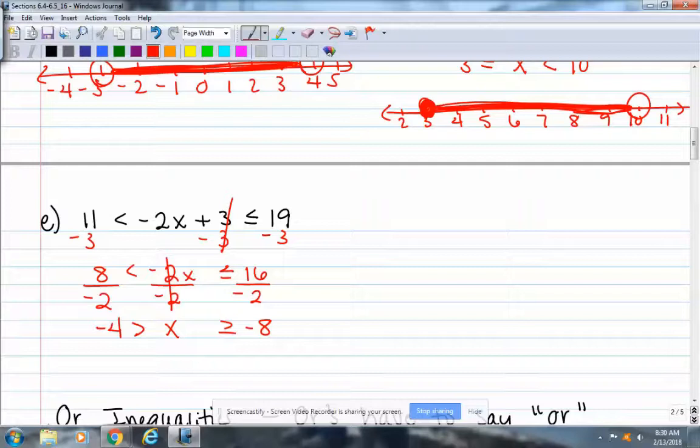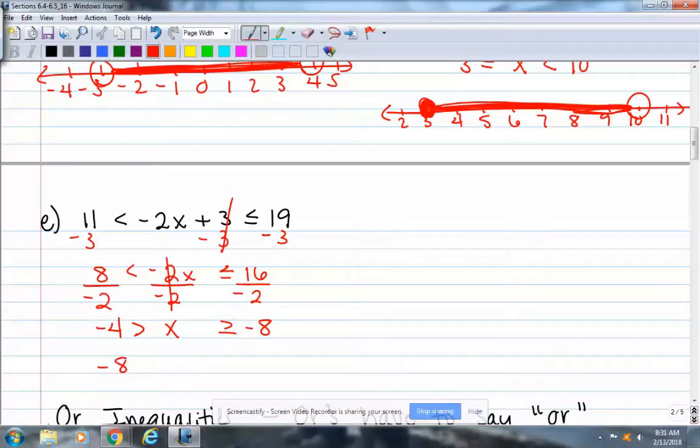Now, what did I tell y'all about ands when we started on? They had to be less thans. And what else? What about the numbers? They got to go least to greatest. These are greater thans and greater than or equal to, right? And my numbers are greatest to least, right? Negative 4 is bigger than negative 8. So when that's the case, all you do is swap everything around. So you're going to have negative 8.